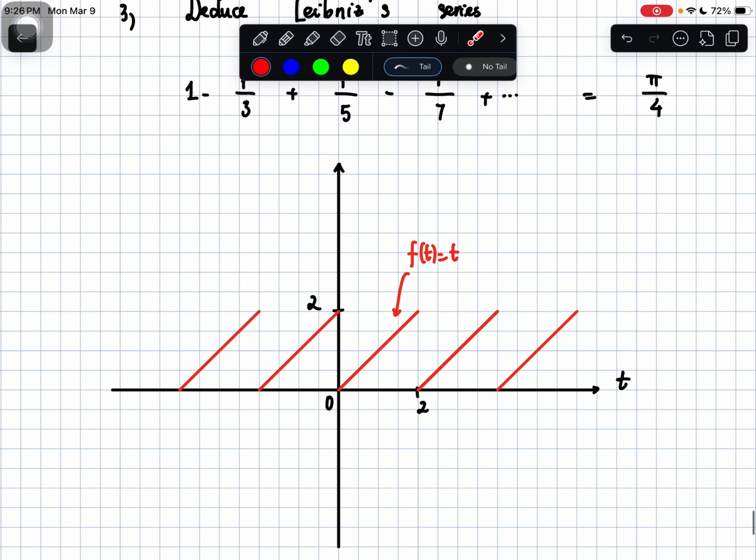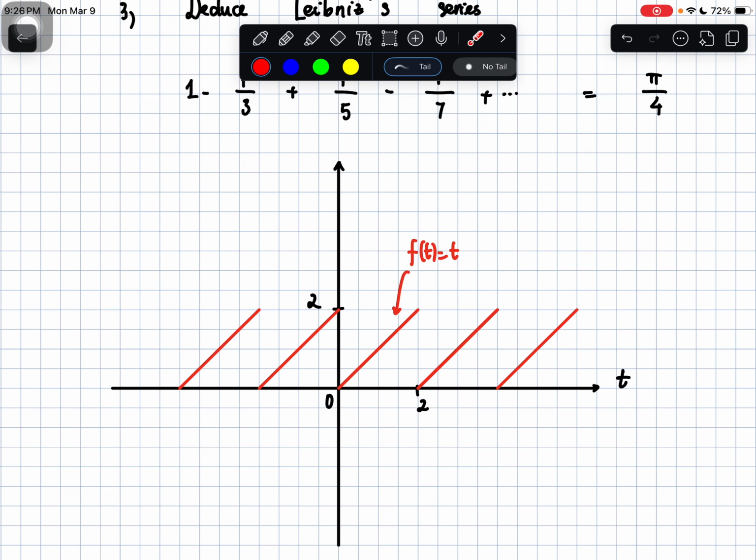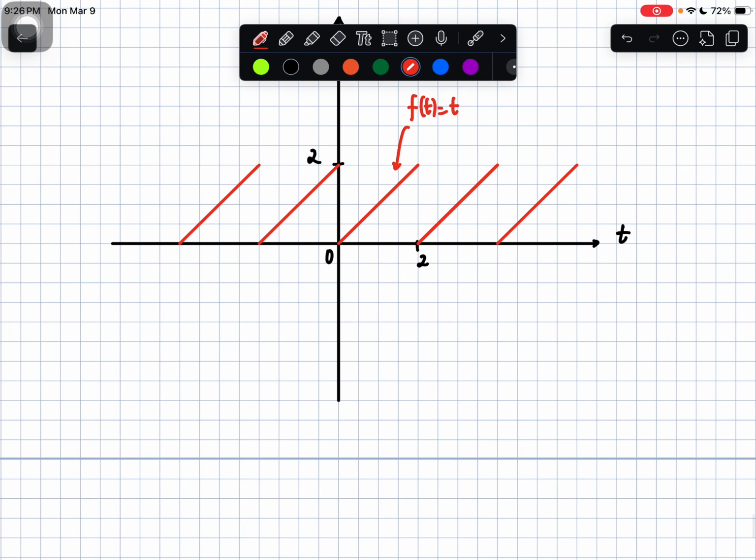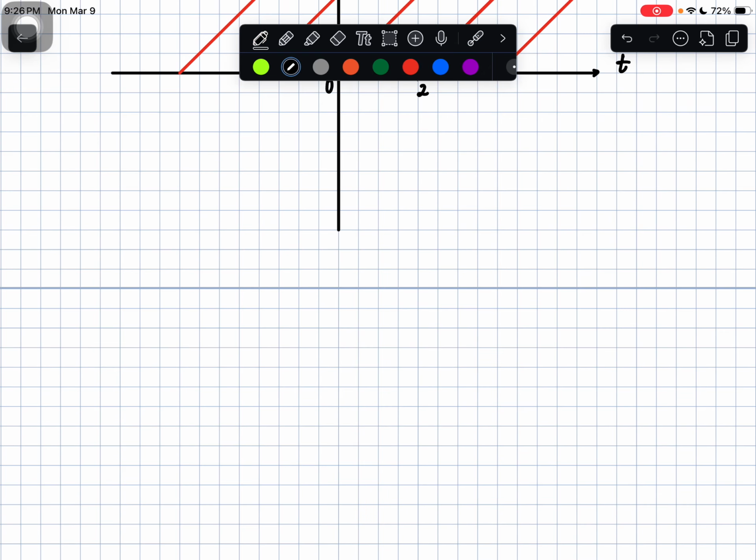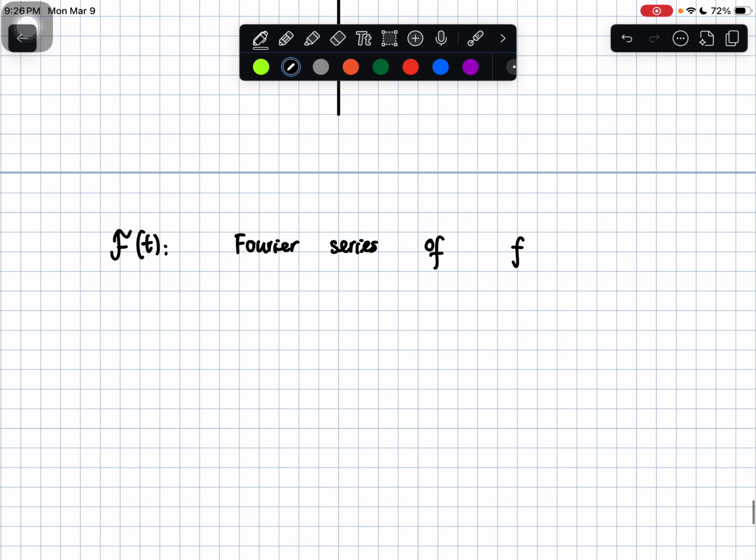Now we need to compute the Fourier series. Let me call F(t) the Fourier series of the function small f.